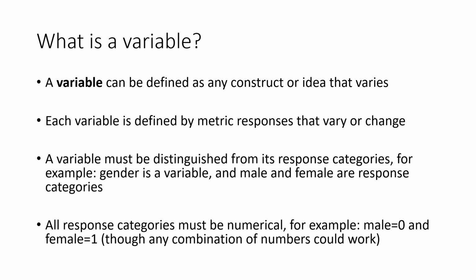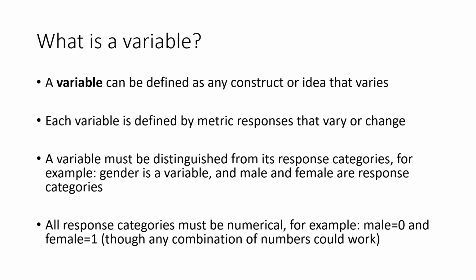It's absolutely essential that you understand what a variable is, because variables are the key constructs that statisticians or data scientists use in their statistical analyses. So I define a variable here as any construct or idea that varies. A variable is something that varies.